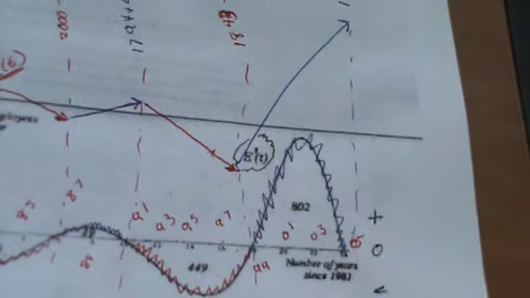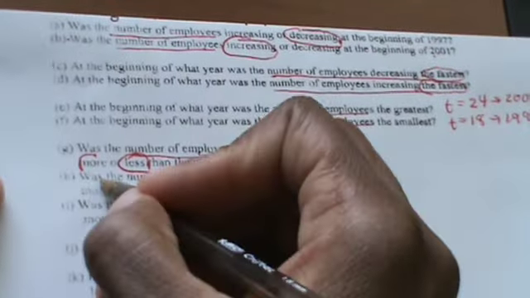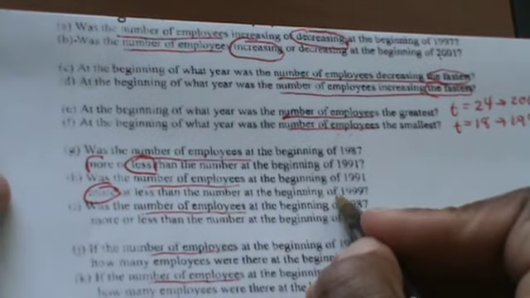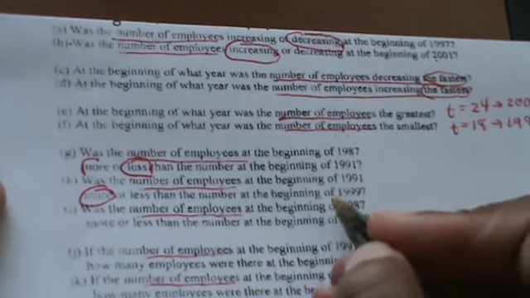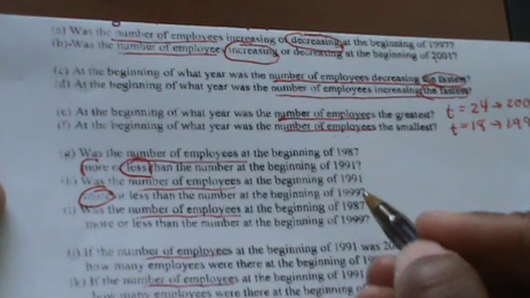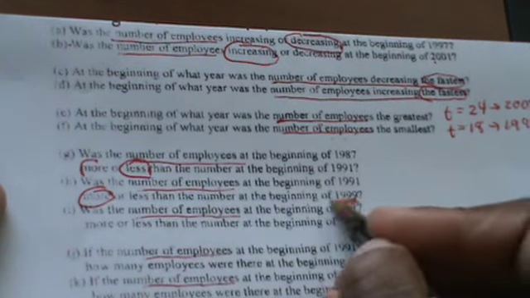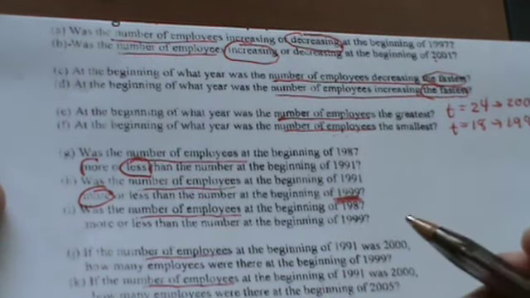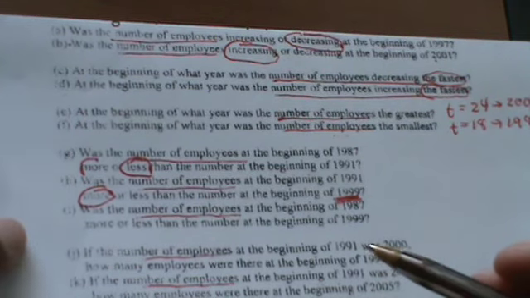Okay, so let's answer that. More in 91. So at the beginning of 91, you should have more employees than in 1999. I'm sorry, I said 97, but I meant 99, right? Right here, 99, because that's where the next critical point would have been.